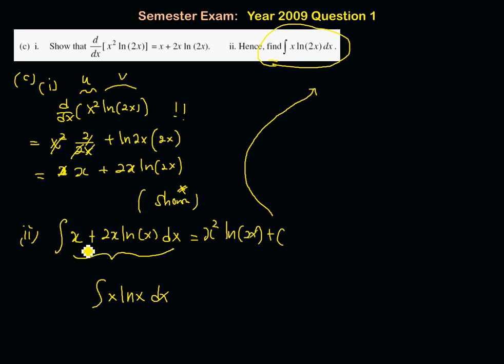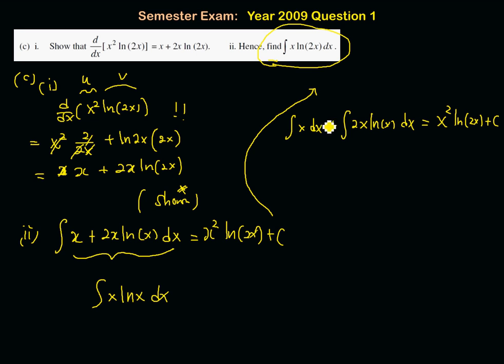I can divide by 2. So that's giving us an idea. So the left hand side, we can then express as this plus this is equal to x squared ln 2x plus c, right?